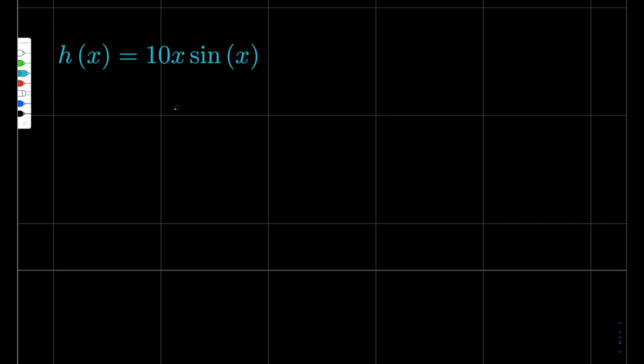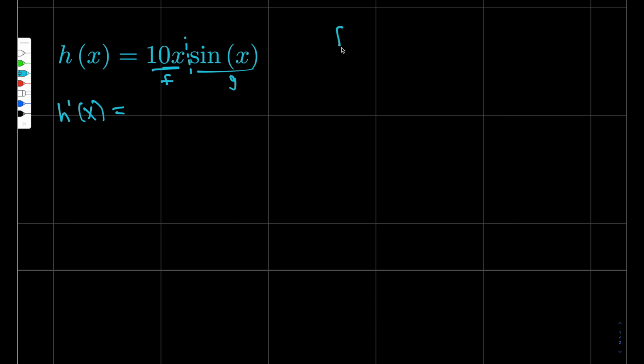Okay, so this is the example we're going to be doing. This is 10x times sine of x. And let's now take the derivative, so we want to find h prime of x. Let's call this function f and this function g. Because I look at this and I say, okay, there's two functions times each other, so we must use the product rule.